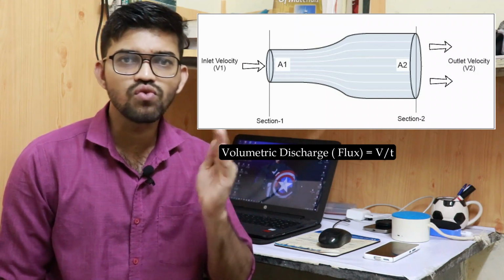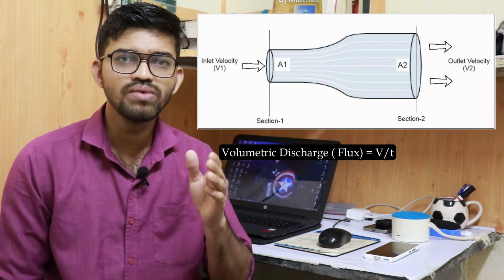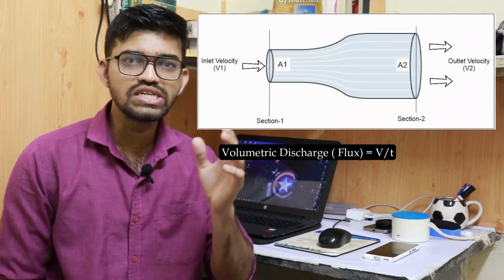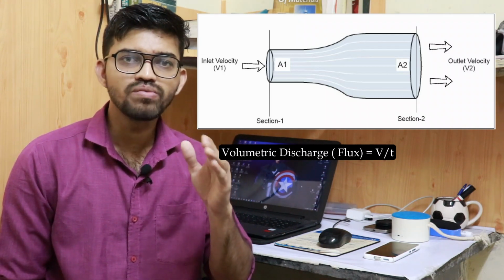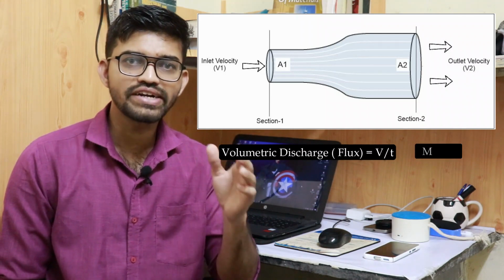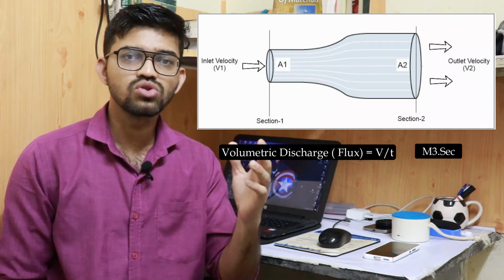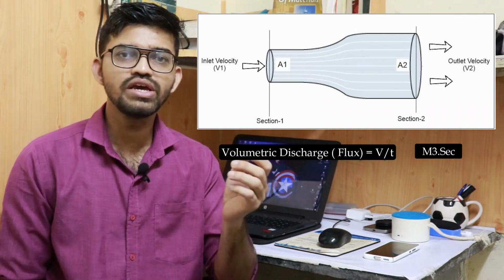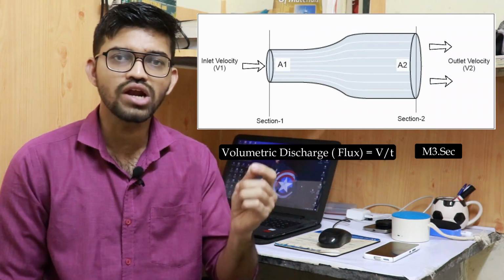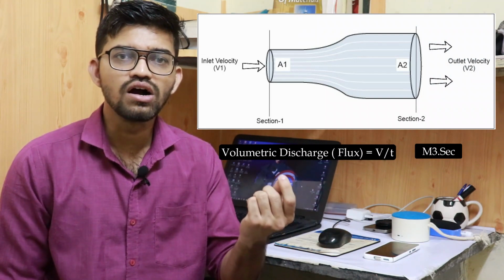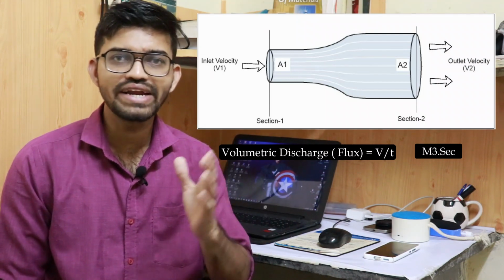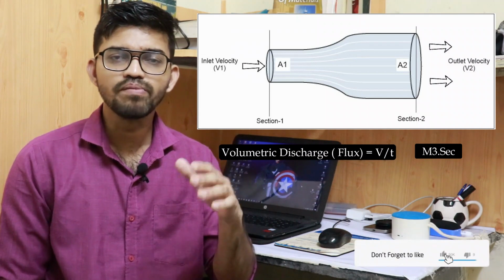So the flux is how much volume travels in a unit time, that is, flux is equal to volume divided by time. The volume is in cubic meters and the time is in seconds, so the unit of the flux is cubic meter per second. That is the flux, or we can call it the volumetric flow rate, measured in cubic meter per second.